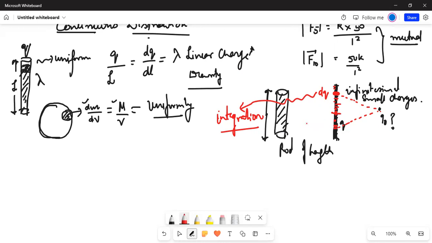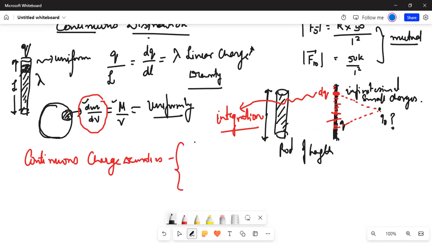For area, you will have to take charge divided by differential area. When it comes to volume distribution, you'll have to take charge divided by volume there. So the first thing that you need to define is the density. So let us define continuous charge densities at first. Now your charge can be distributed in different senses.